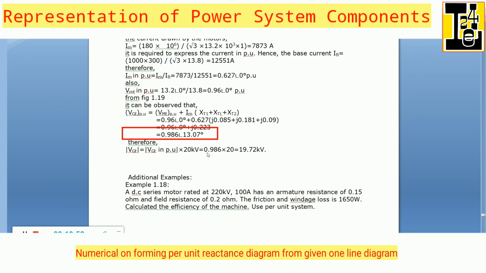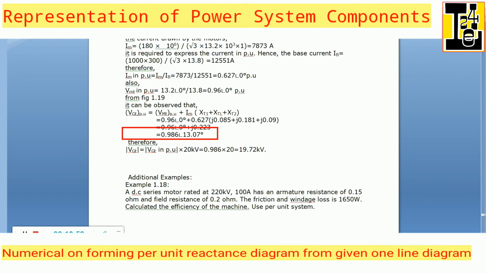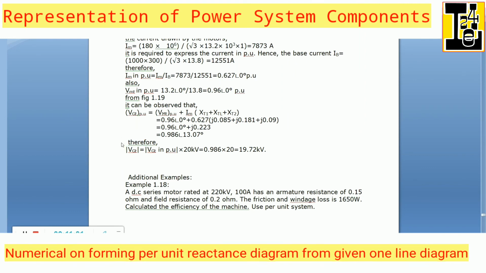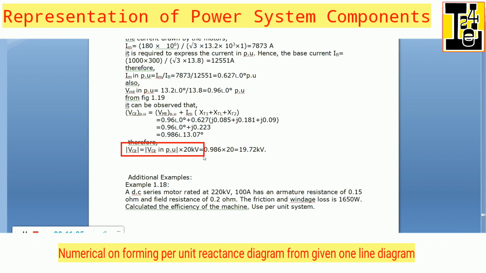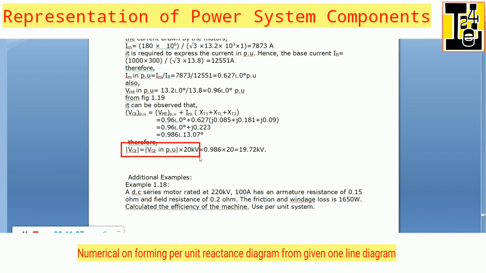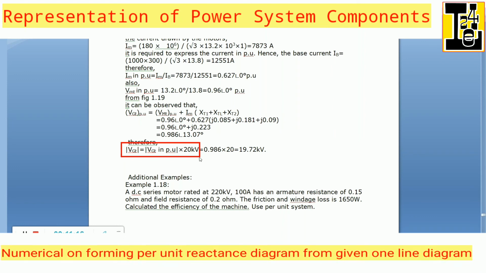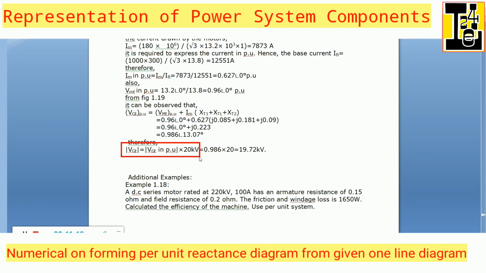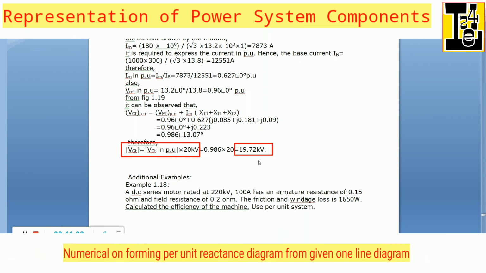If we want the value in actual voltage, we need to multiply the per unit value by the base value at the generator side. So VGT actual is equal to VGT in per unit, that is the terminal voltage across the generator, into the base voltage at the generator side, that is 0.986 into 20, which is 19.72 kilovolts.